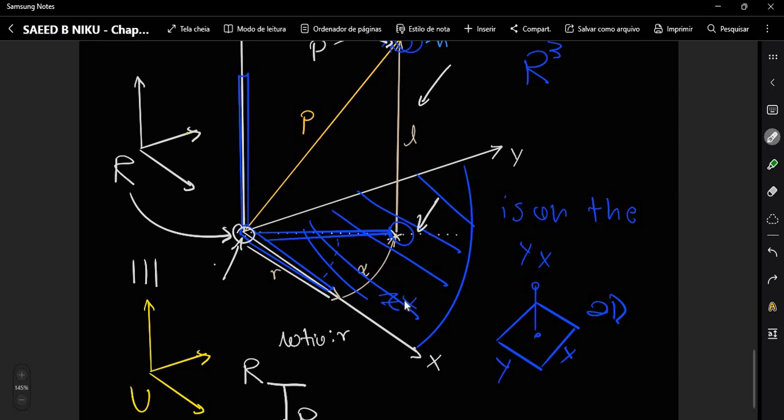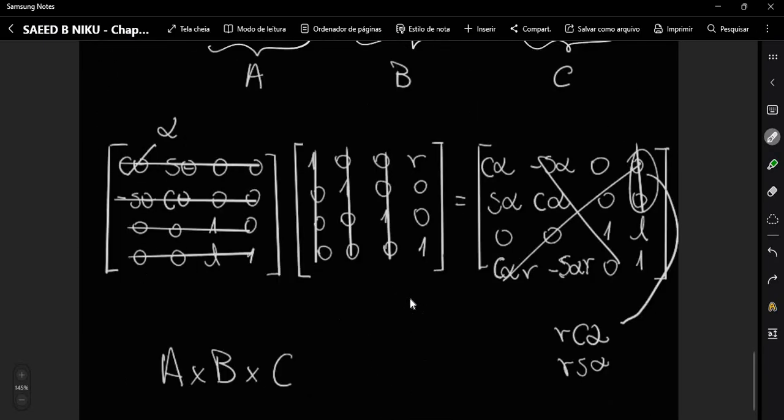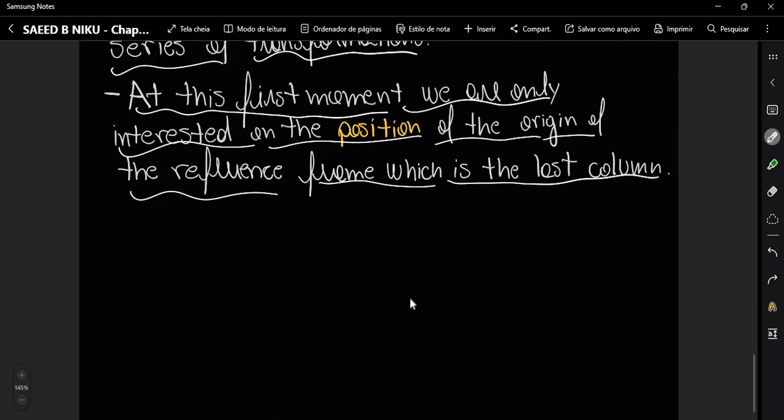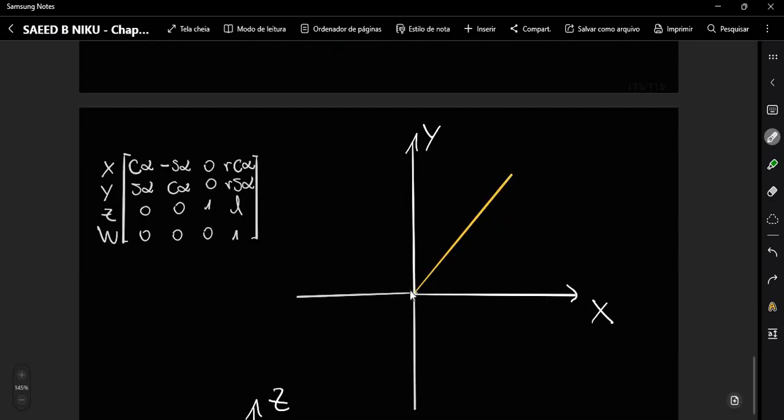So R is above and on the same direction as the x-axis. So it's not so intuitive, but I will do it with this order 1, 2, and 3, and let's see what we get.